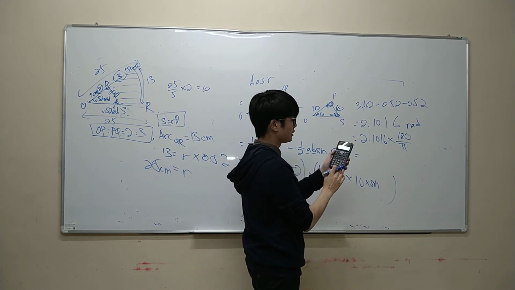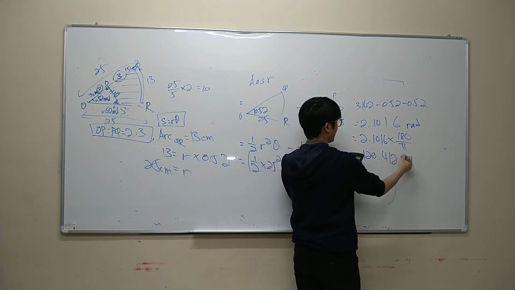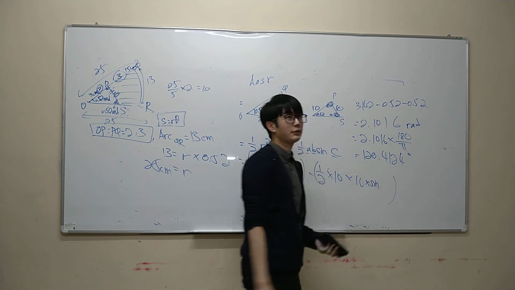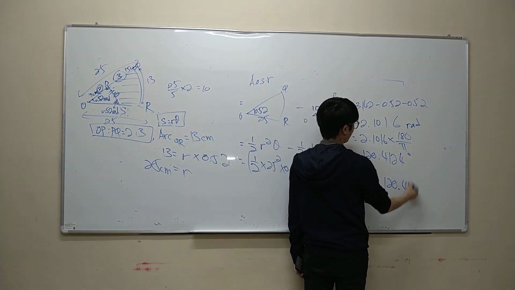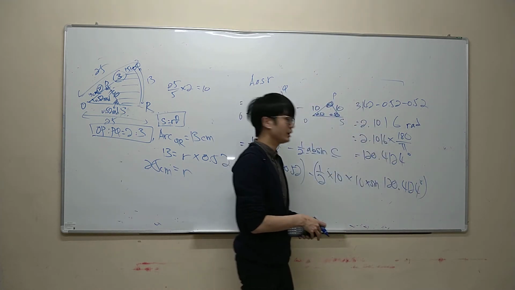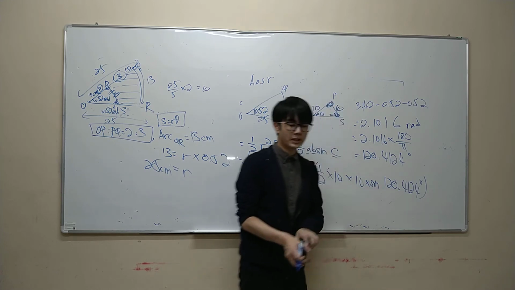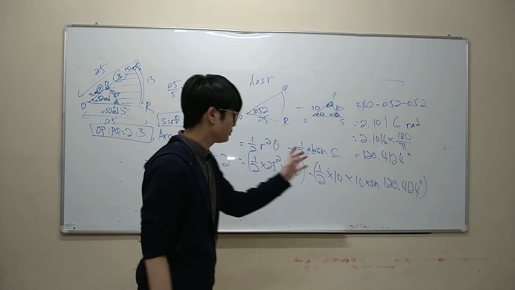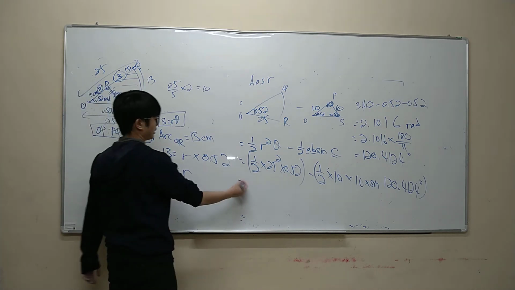I will press shift exp for pi. So 120.41238. I will also write 4 decimal places to be safe. So here is 120.4124. I hope you understand why I changed radian to degree. Because in this formula, A B sin C, when there is trigo in front, the angle must be in degrees.